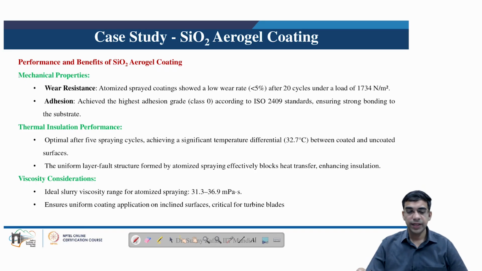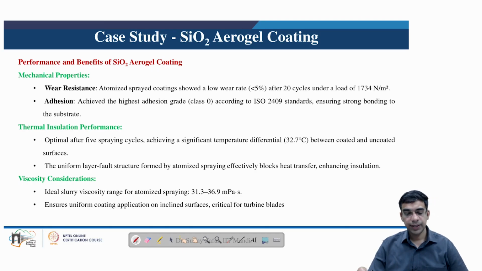The performance and benefits of silicon dioxide aerogel coating include wear resistance, where atomized coating exhibited a low wear rate after 20 cycles under a load of 1734 Newton per meter square. The adhesion achieved the highest adhesion grade of class 0 according to ISO 2409 standard, ensuring strong bond. Thermal insulation performance after 5 spraying cycles achieved a significant temperature differential between coated and uncoated surfaces.